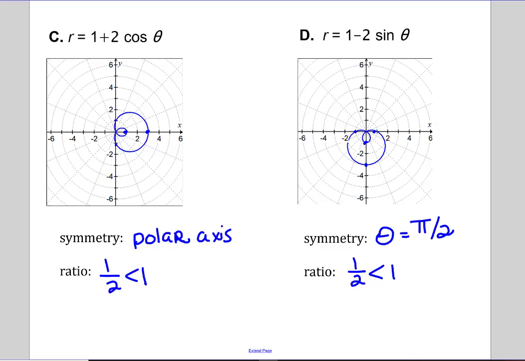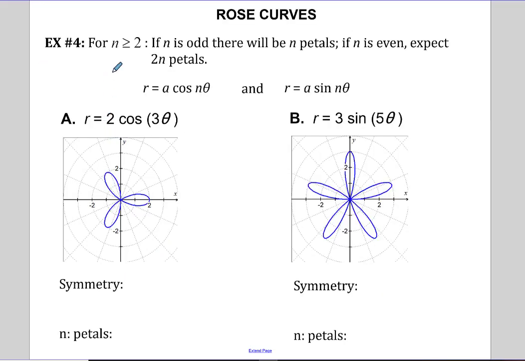Now we can get really fancy with some rose curves. So when you have n greater than or equal to 2, if n is an odd number, that's going to tell us how many petals we have. But if n is an even number, we have to double that to get the number of petals. So in this case, n is odd, or n is 3, and we have 3 petals.